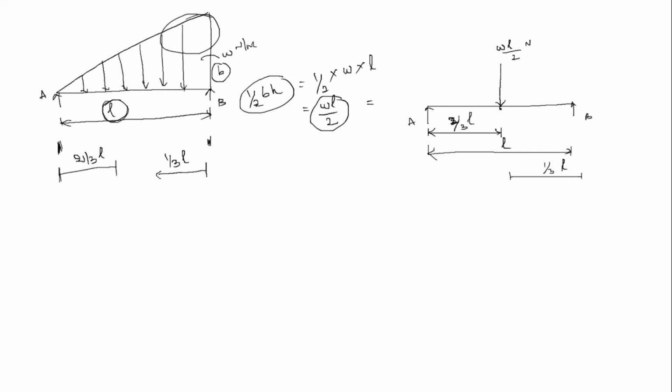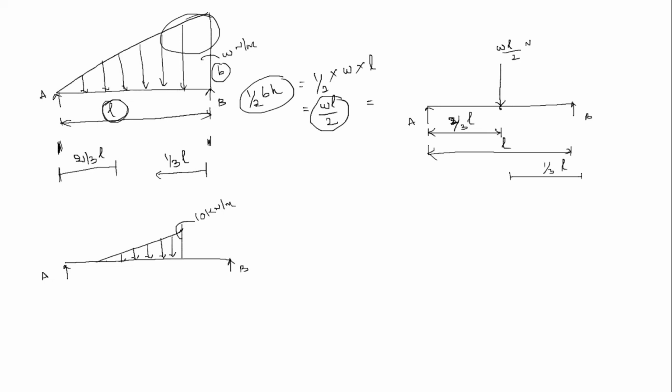Now, let me explain one simple example. This is the beam, this is point A and this is point B. It's a simply supported beam, and this is the uniformly varying load, and the value of this is 10 kilonewton per meter.